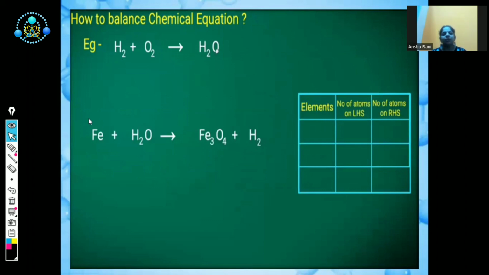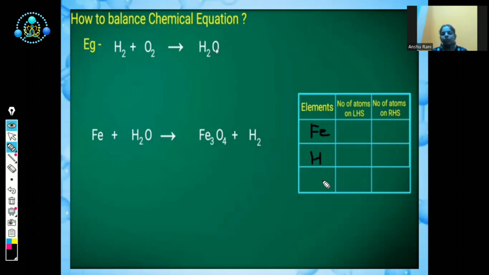For balancing a chemical equation, what we need to do? We need to follow certain steps to balance a chemical equation. Say you are having iron plus water gives you Fe3O4 plus hydrogen. First of all, we will write here elements. We are having iron, hydrogen, oxygen.